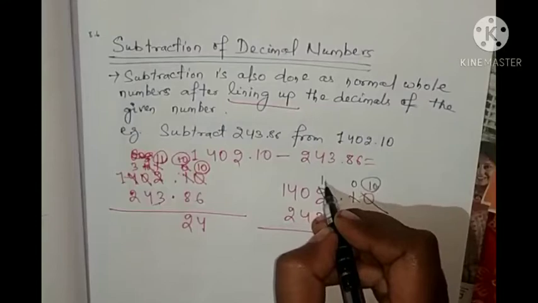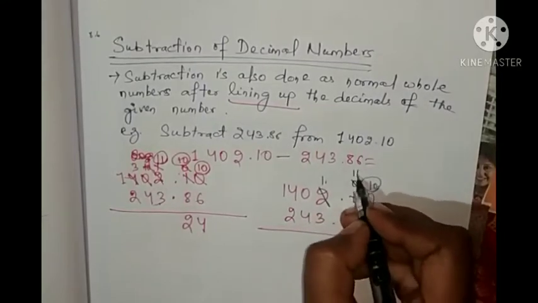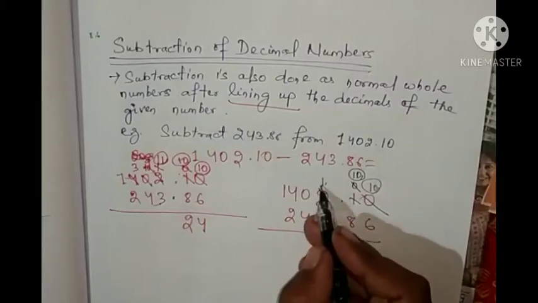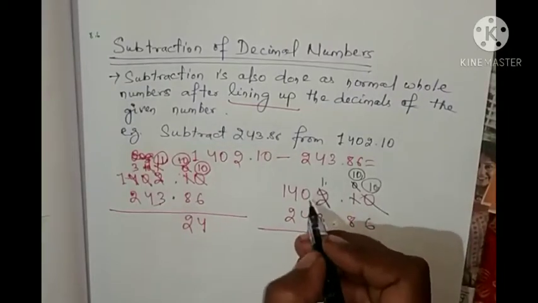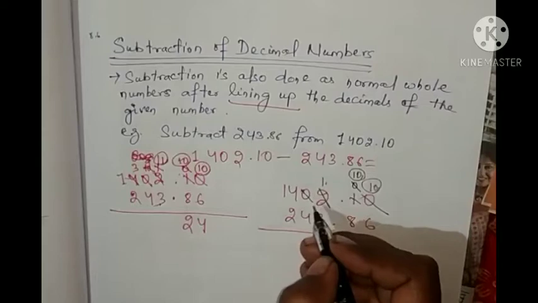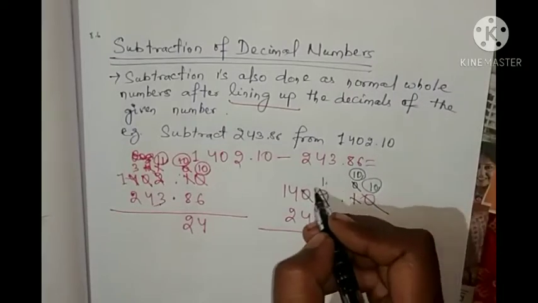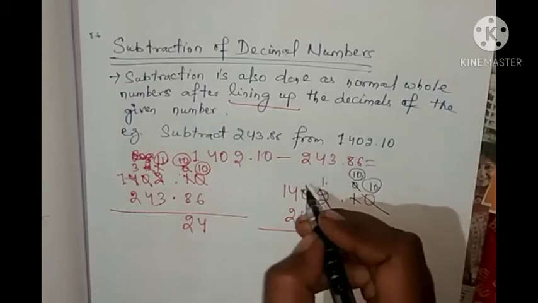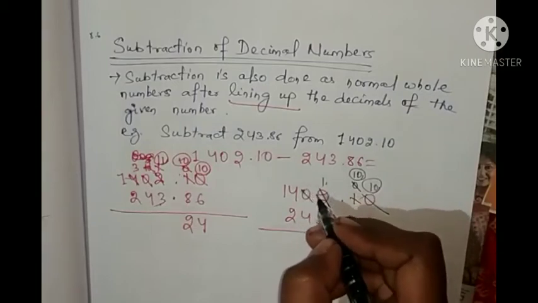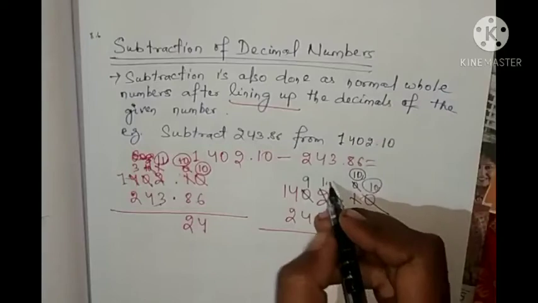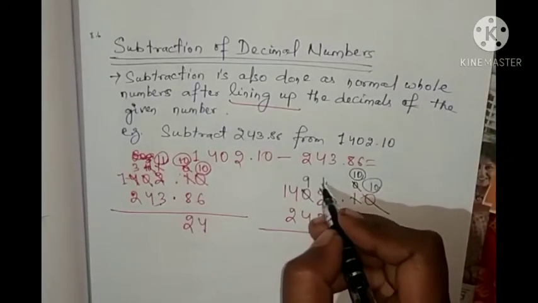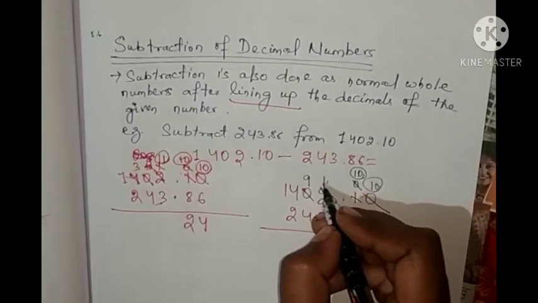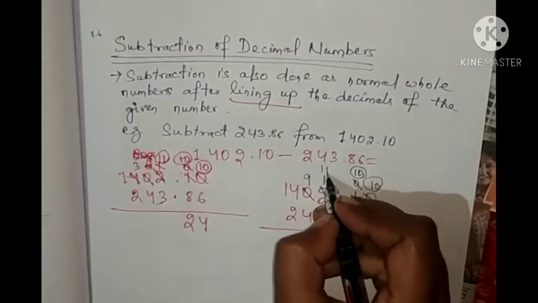This will become 1, and this will become 10. Then you see 1 is smaller than 3, that's why I need to borrow. So this will become 9. And here this will become 10 plus 1, how much? 11.